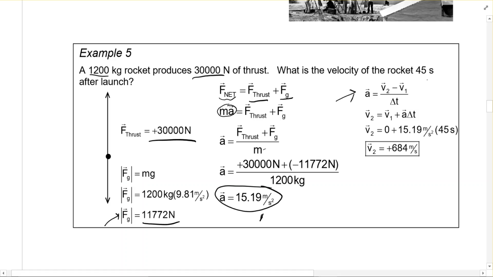And the other key bit of information I need to know is that my initial velocity here is 0, right? So if we rearrange for this, we get this equation, put 0 in place of v1, and then just acceleration times time, and that's it. So your v2 is going to be equal to 684 meters per second.